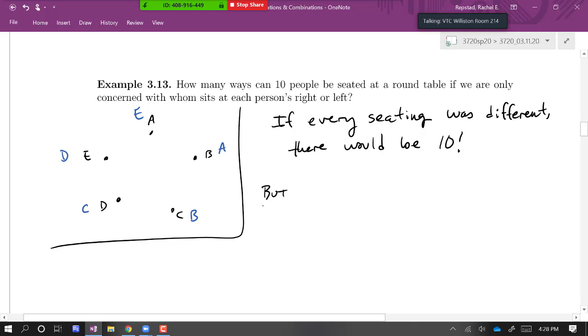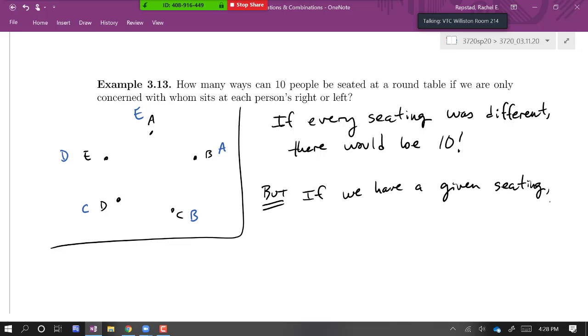So let's just sort of put that into words. If we have a given seating, let's say one like this, only I've got 10 and not just 5 up there, but I've got the 10 people sitting around the table, and we rotate it, we don't want to count that, right? If we have a given seating and we rotate it once, twice, 3 times, whatever, I don't want to count those as different.